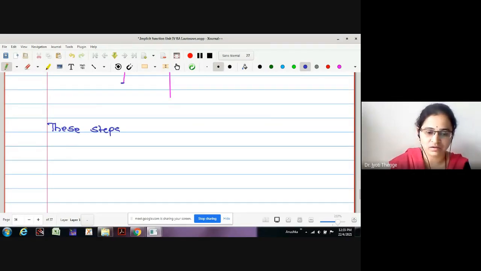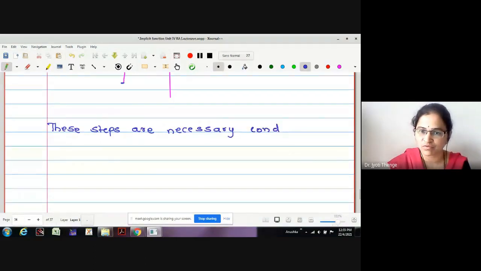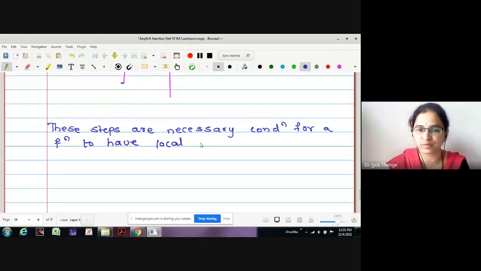Okay. Therefore, these steps are necessary but not sufficient. Necessary condition for a function to have local extrema. Again, this is the second point, local extrema and global extrema.